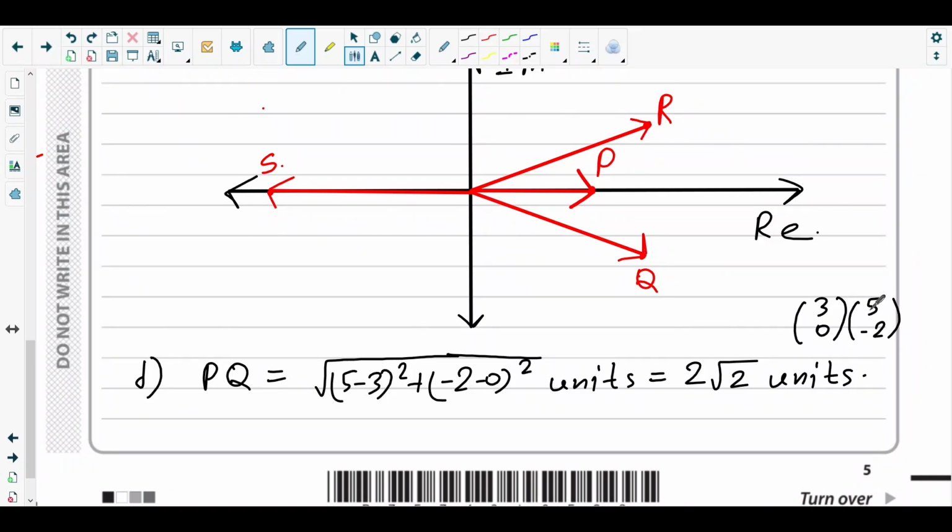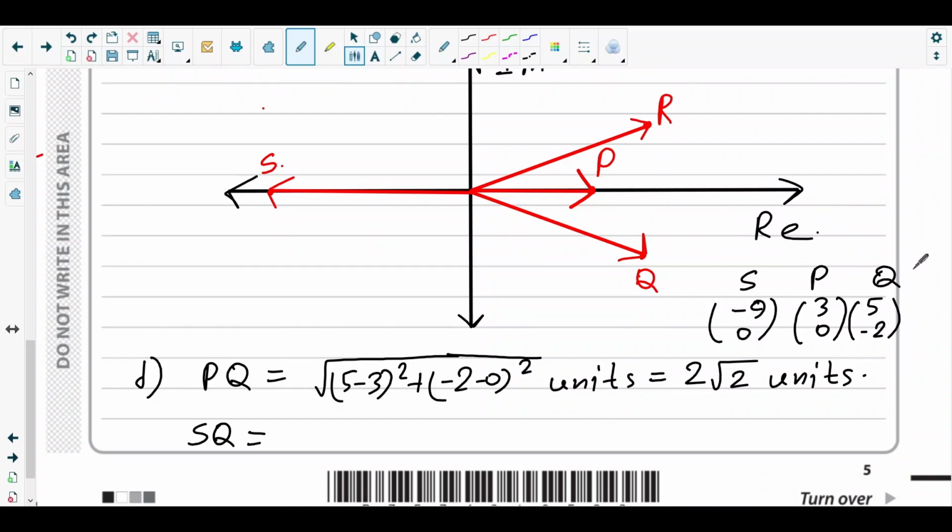Next is the length of SR or SQ. Let's consider the length of SQ. Same thing, no problem. This is point P, this is Q, and this is point S. Point S is (-9, 0).